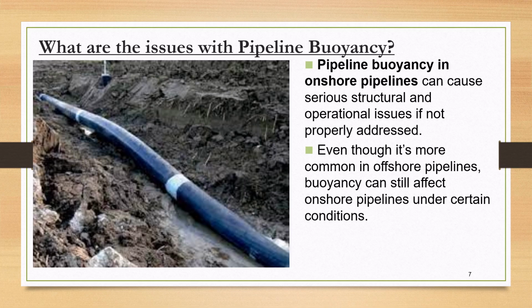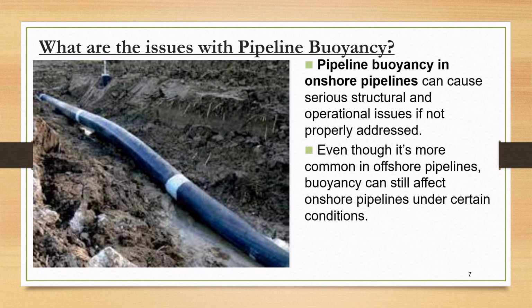Now, what are the issues with pipeline buoyancy? One should be concerned about pipeline buoyancy in onshore pipelines because of the risk of pipeline uplift. If the upward buoyant force exceeds the pipeline's weight plus the soil cover, the pipeline can lift or float.